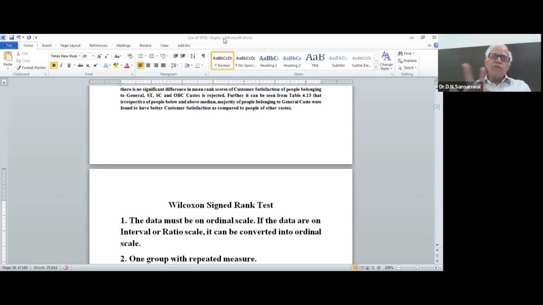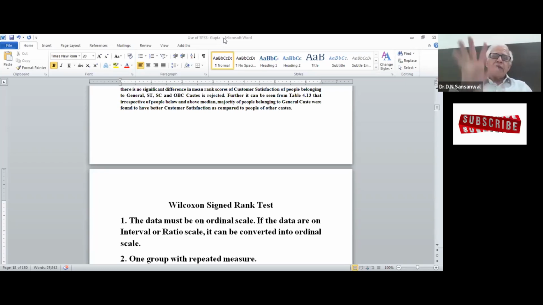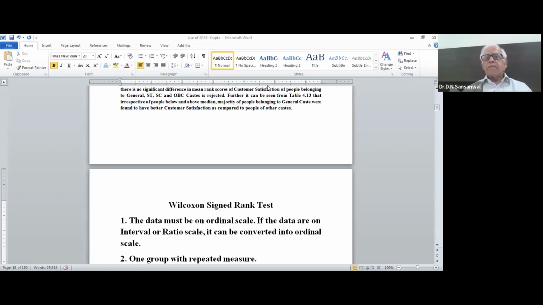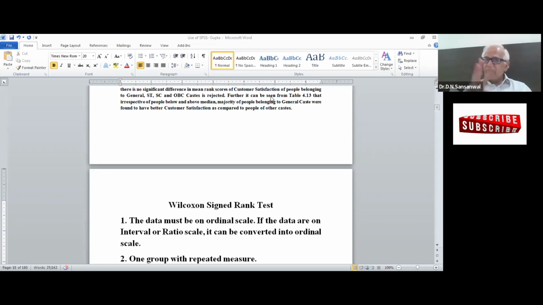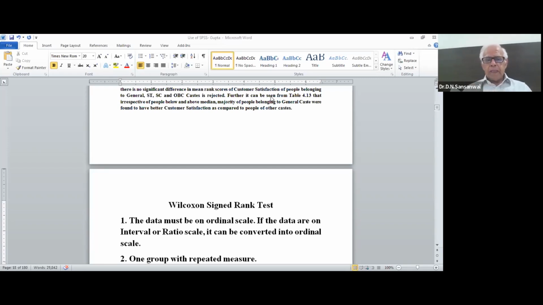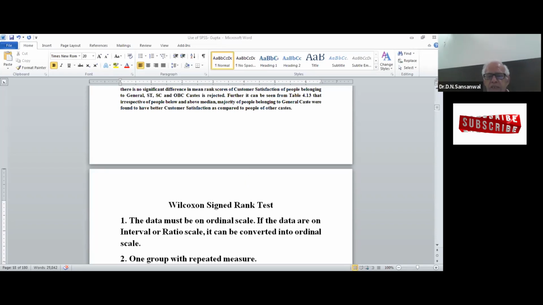But if you have only 2 times, then only then you can use the Wilcoxon. Otherwise, you cannot use it. If it's 3 times, then you cannot use the Wilcoxon signed rank test. So this is another one.